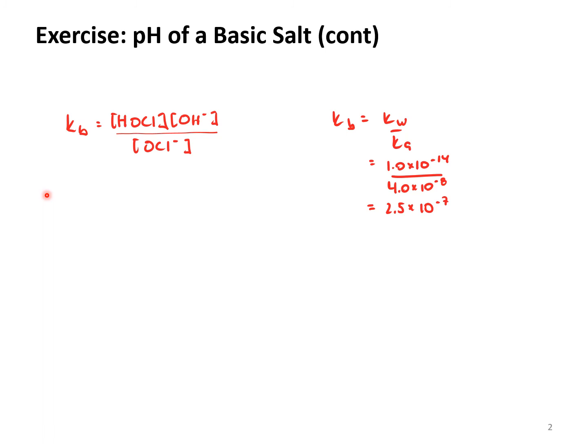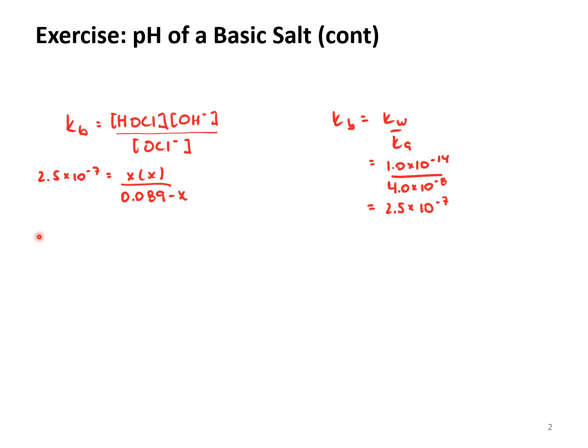So doing the substitutions, we have 2.5 times 10 to the minus 7 equals X for the concentration of hypochlorous acid, X for the concentration of hydroxide, divided by 0.089 minus X, which is the concentration for hypochlorite.